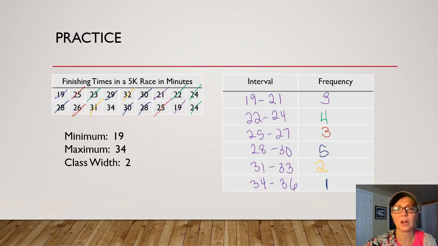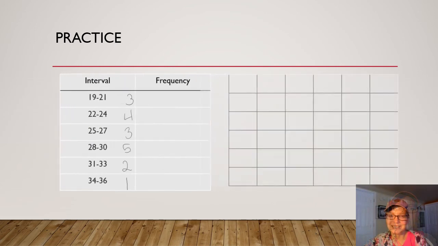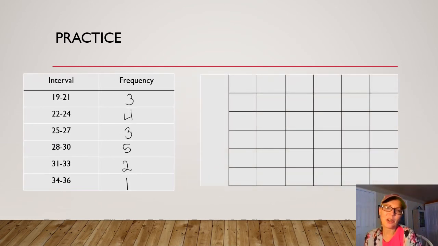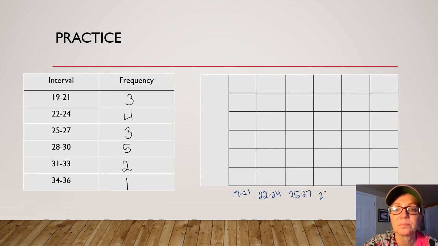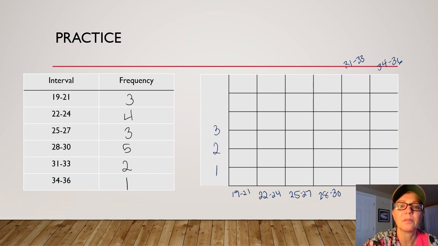All right, now let's draw a histogram. Now we're going to turn our frequency table into a histogram. So we're going to label the x-axis using the classes 19 to 21, 22 to 24, and so on. And we're going to label our vertical axis with our frequencies.